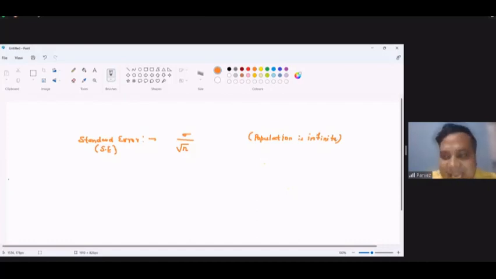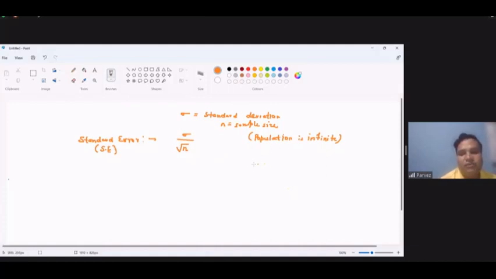So when population size has not been given, we cannot count the population, we use this formula. Sigma, you remember what sigma is? Standard deviation. n is your sample size. Is it clear? The formula is very simple.